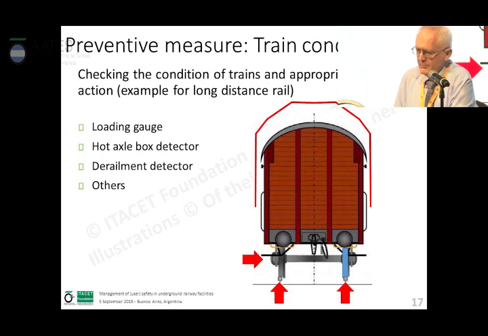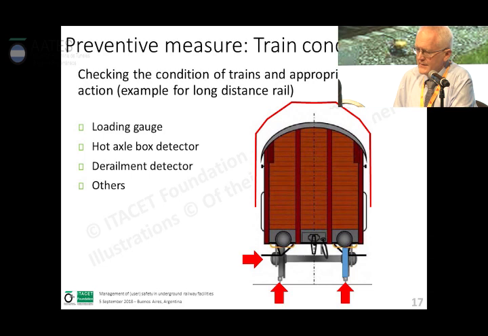Then there are other measures, often for long-distance tunnels. They focus as well then not only on passenger trains but on freight trains. So the loading gauge is checked at regular or at certain points, for example, in front of long tunnels. We have hot axle box detectors, derailment detectors, and other systems, as you see here.